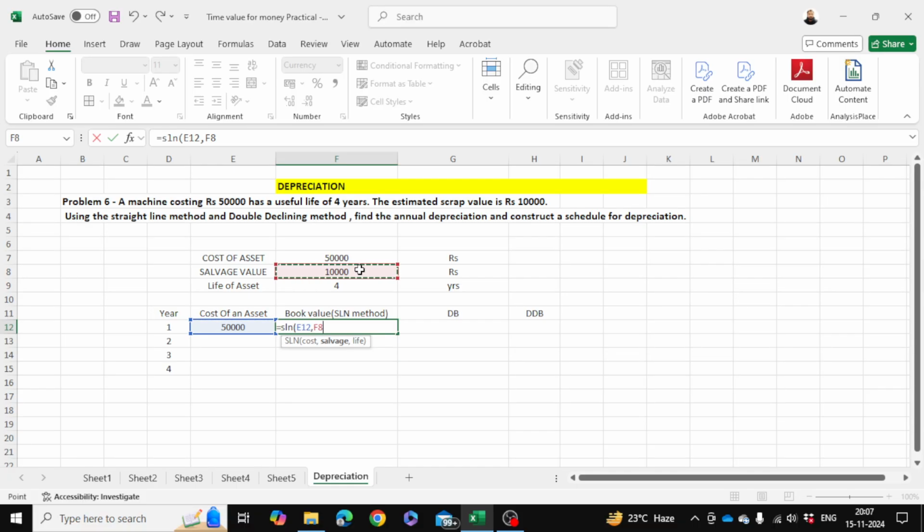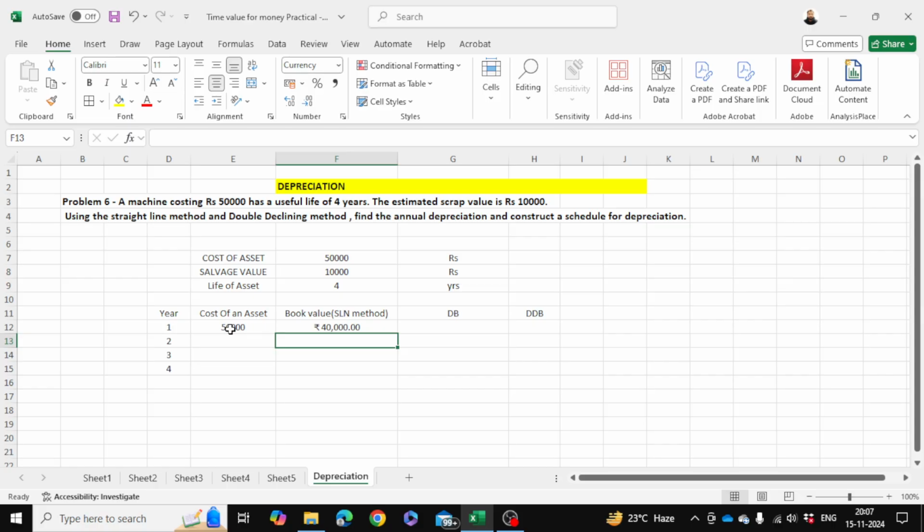Salvage value is this, and the life of the asset you are going to take this. So for 1 year you are supposed to calculate it, right? So it is 40,000. This will be the value for the next year.